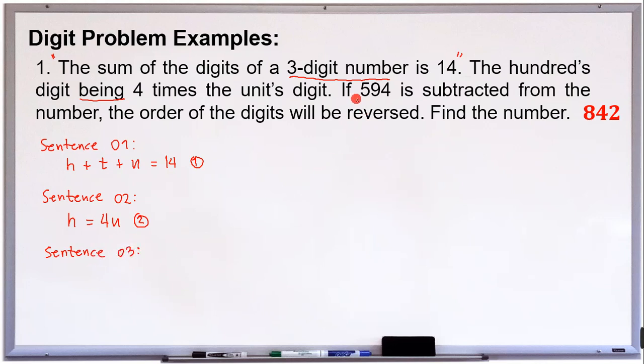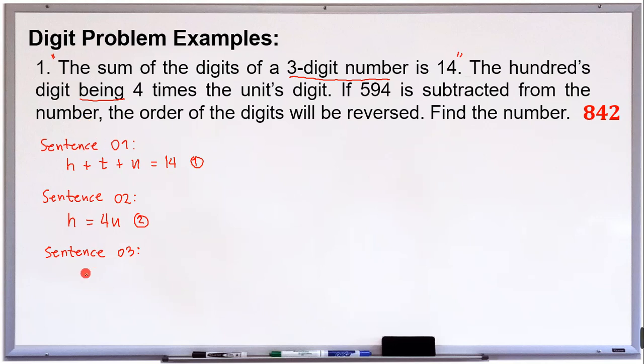It states that if 594 is subtracted from the number, the order of the digits will be reversed. So we have a value equal to 594, and we are going to subtract this from the original number. The original number means the value of the number as well.